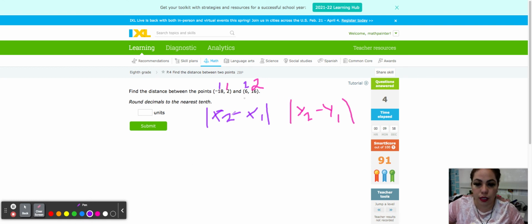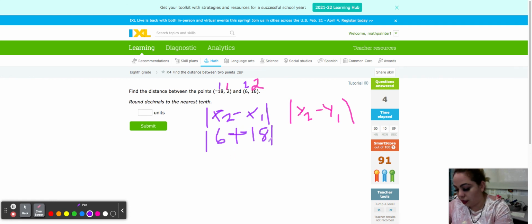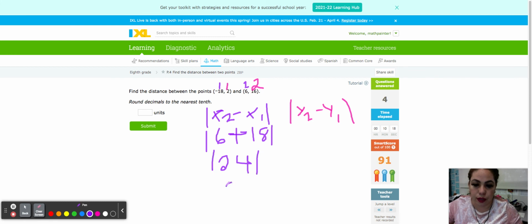Right, so X2 is 6 minus negative 18 absolute value. Negative makes a positive. So it's 6 plus 18. 6 plus 18 is 24 absolute value. And absolute value means that once you take it off, it always automatically puts it into a positive number. So that's that one.